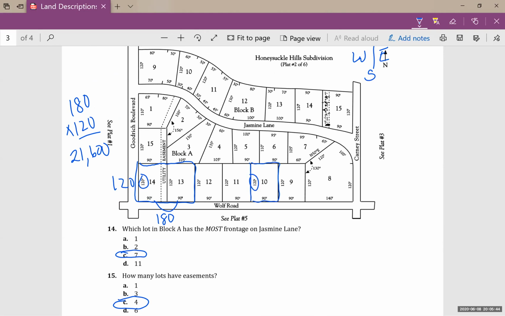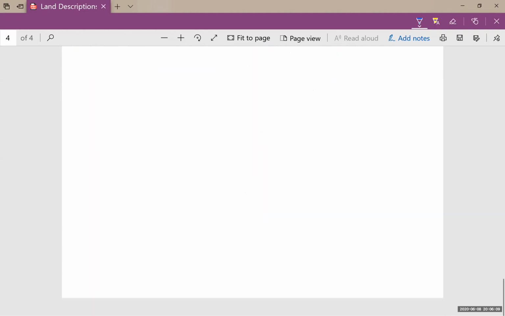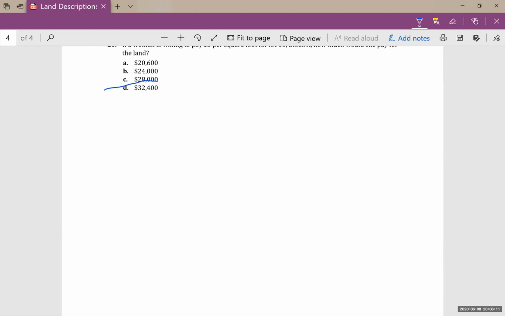There's 120, there's 90. So 90 times 120 is what? 10,800 square feet. And then times what? Times $3 a square foot equals the wonderful world of 32,400. Right? Everybody follows me on that? Any questions? And so the answer for 20 is D as in dog.